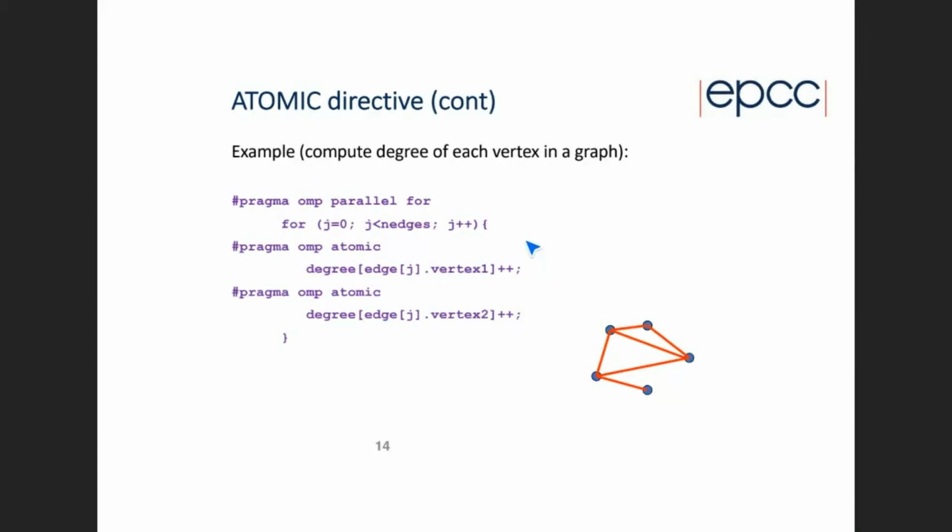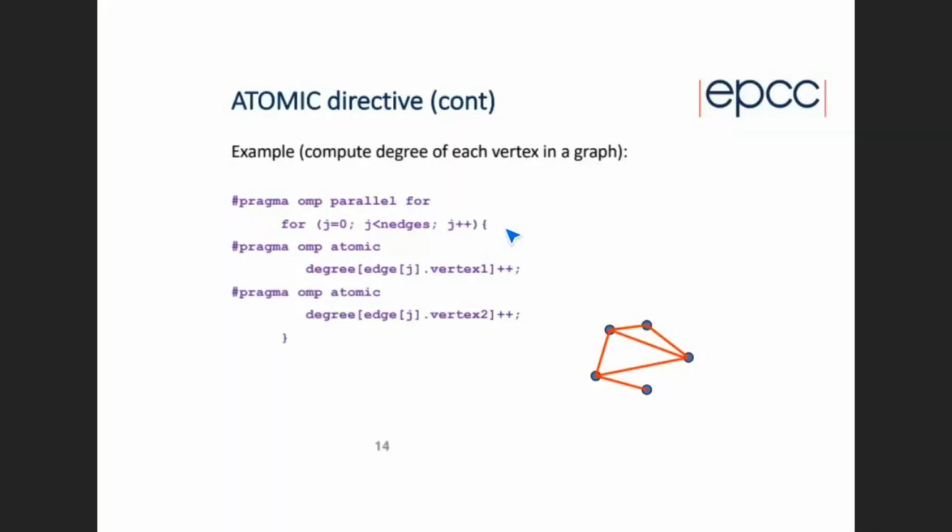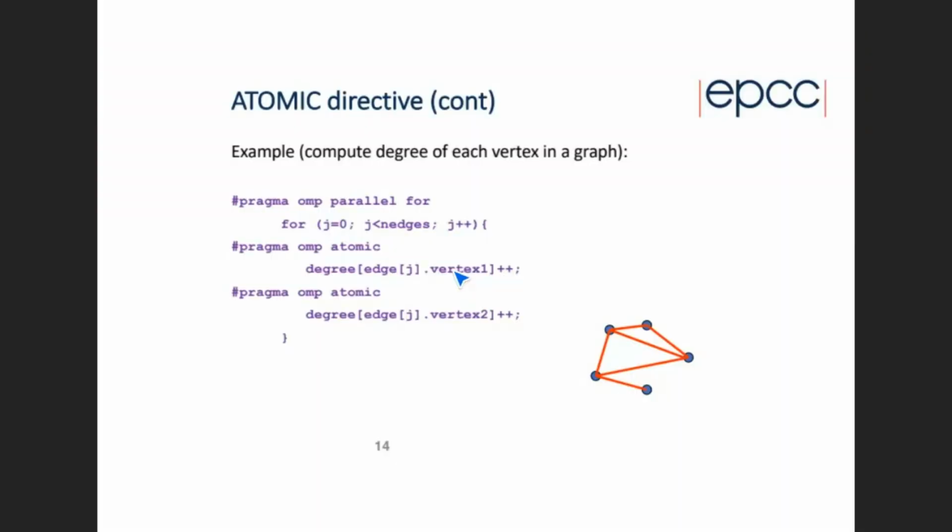If we ignore the OpenMP for a minute, just see what the underlying code is doing. I have a loop over all the edges, and for this edge I have an index for vertex 1 corresponding to the vertex at one end of the edge.